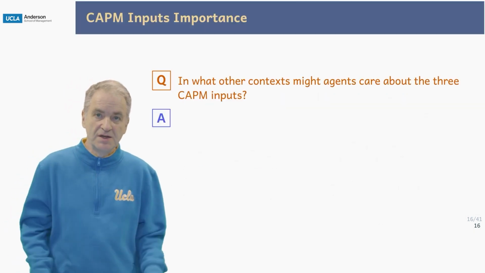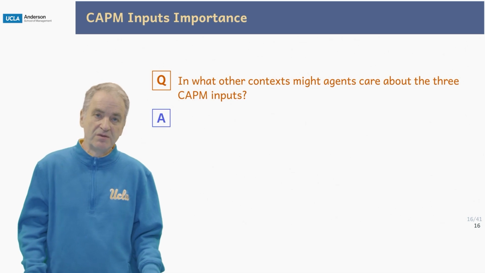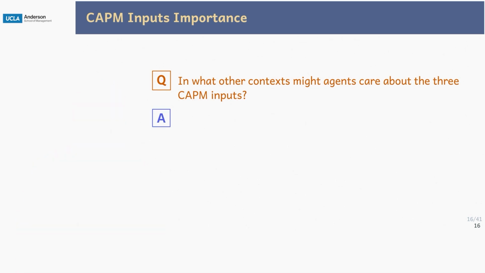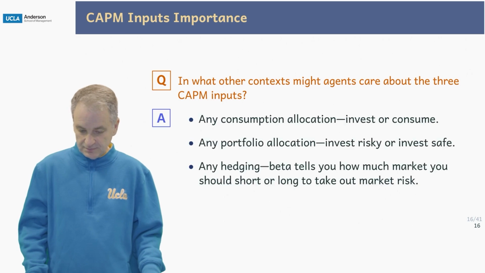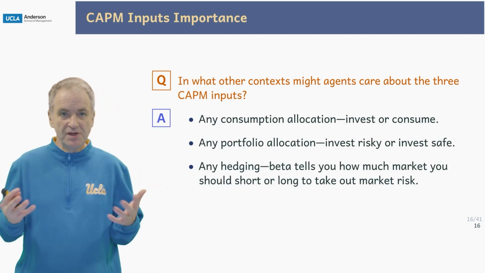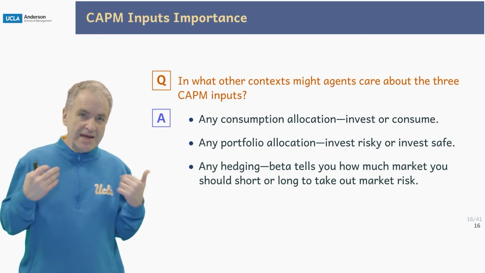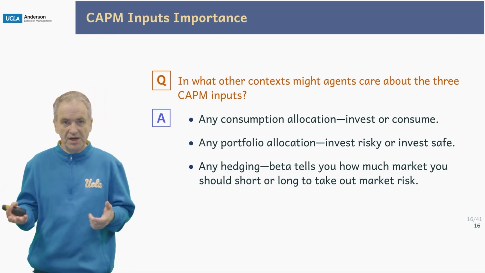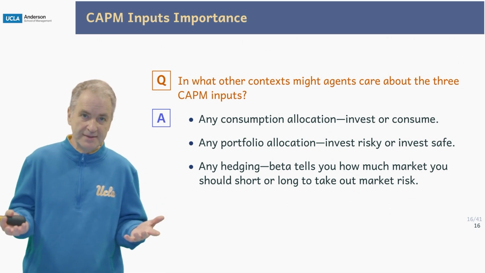Now, in what other context might agents care about the 3 CAPM inputs? Please pause this video now, answer the question on a piece of paper, and then continue. These are the 3 most important numbers in finance. So any consumption allocation, whether you should invest or consume, is related to the risk-free rate.